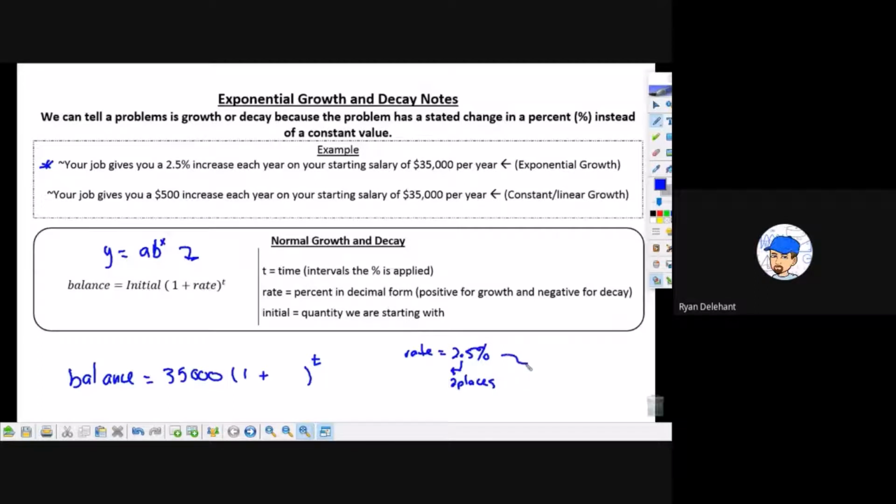So this percentage in decimal form is 0.025. Whenever you turn percentages into decimal form, no rounding, write the whole thing in there. So this is going to be plus 0.025. You probably wouldn't leave the plus in there, meaning that you would write your equation 35,000 times 1.025 to the t.